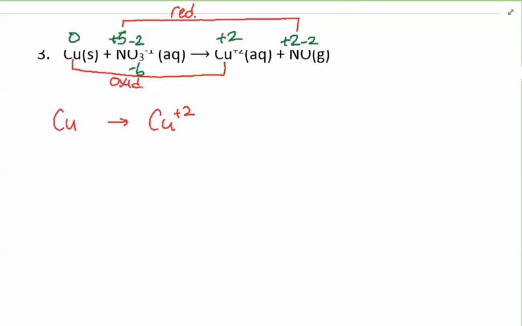Also no hydrogen, so we don't have to worry about balancing it. After we balance those 3 things, we want to take a look at the charge. We have to balance the charge. Right now, the reactant side has a 0 charge, and the product side has a +2 charge. So in order to get these to balance out, we have to add 2 electrons. They don't have to be 0. In this example, they are, but they have to be the same. So we added 2 electrons to the product side.